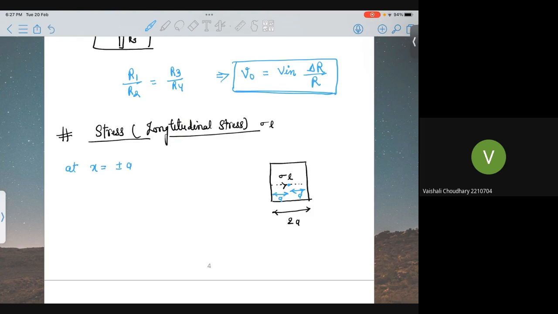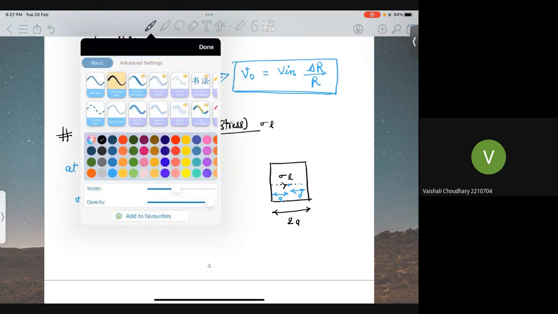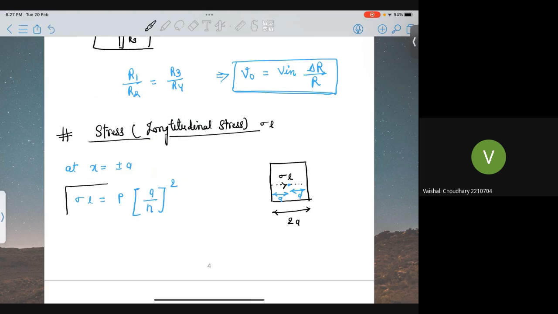So at x is plus minus a, the longitudinal stress can be calculated as P times (A by h) whole square. So this is the formula for longitudinal stress.